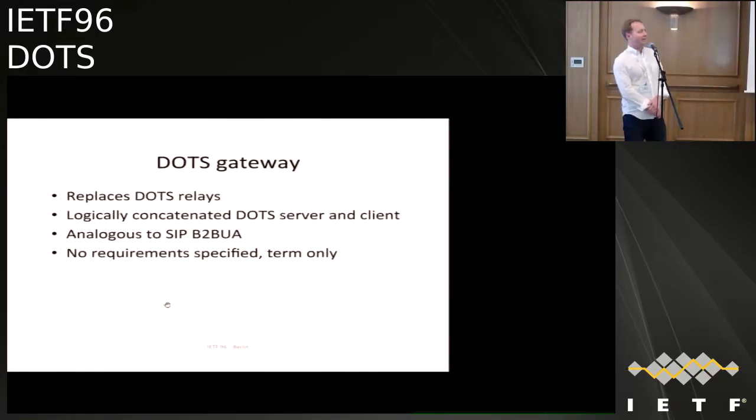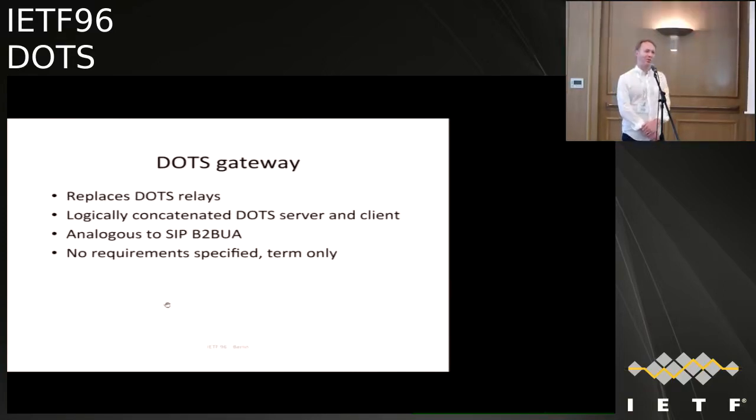Next slide, please. I'll get into this a little bit more in the architecture draft, but the DOTS gateway is a replacement for the DOTS relay. The discussions in Buenos Aires really pointed up the fact that the DOTS relay was going to involve too much operational complexity, particularly when it came to end-to-end signaling. So we've brought the DOTS gateway in as a way to provide some of the similar functionality.